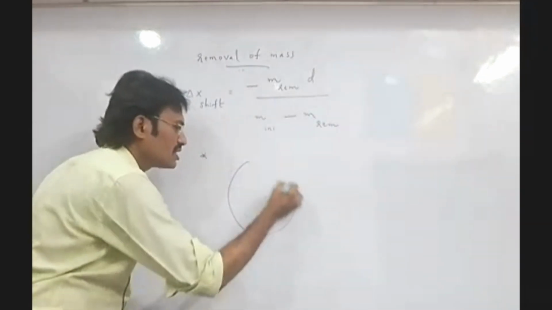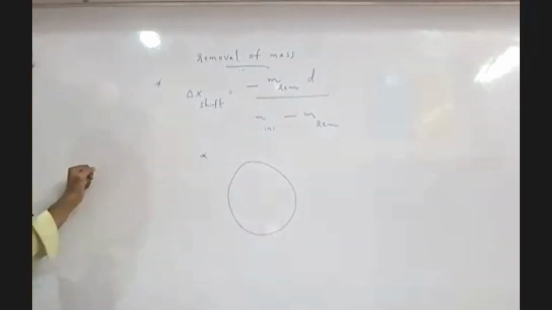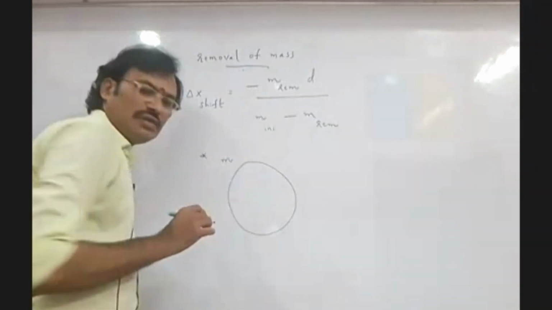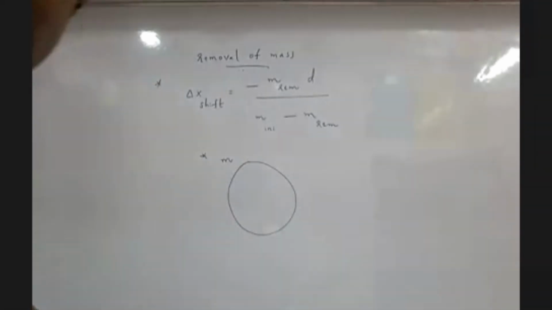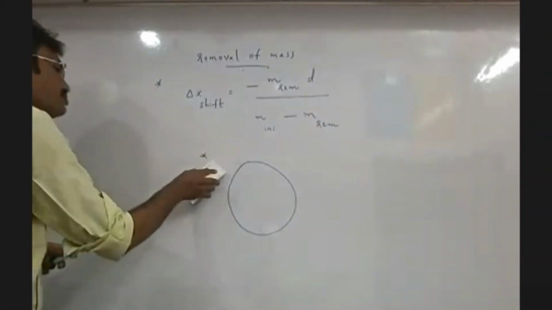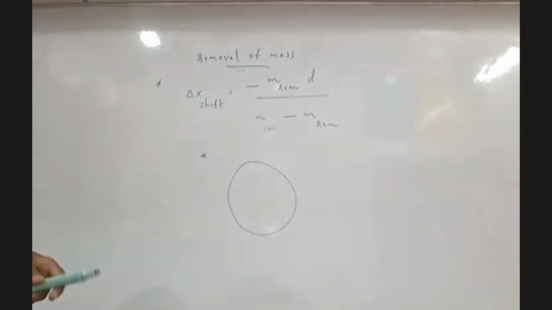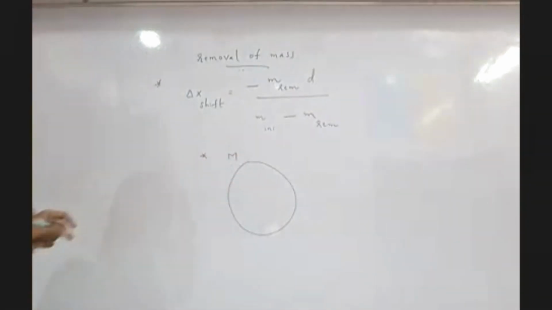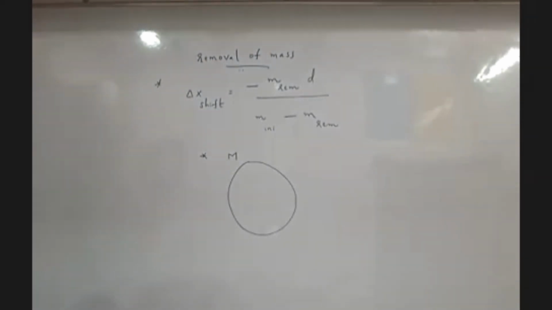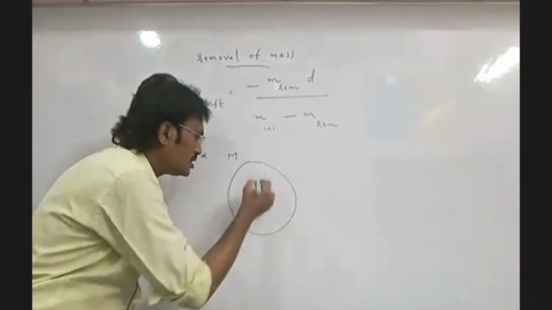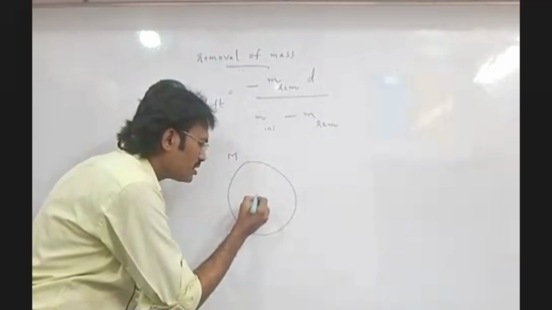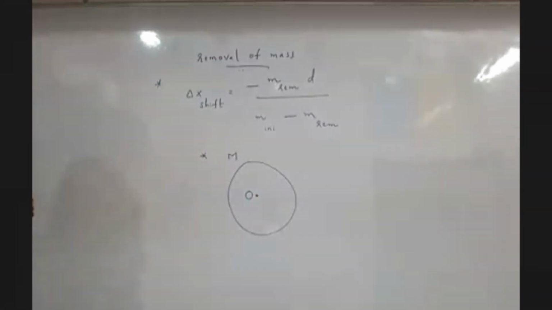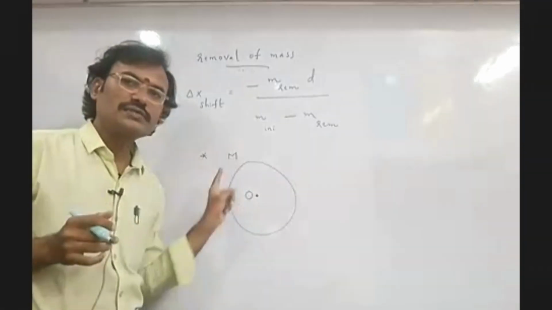This is one circle, having the mass capital M. I'm representing it here as capital M. The center of this circular part is O. O is the center of this mass.